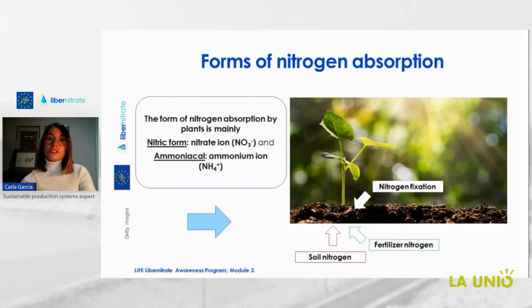The form of nitrogen absorption by plants is mainly in nitric form, nitrate ion, and in ammoniacal form, ammonium ion. Most plants grow better if they have access to both. When both forms are present, the preference for one or the other will depend on the species, the development of the plant, its physiological state, and the properties of the soil.